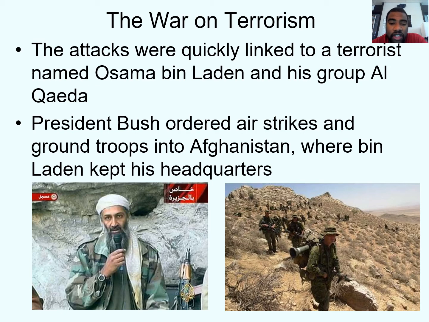This issued the war on terrorism. The attacks were quickly linked to a terrorist group named Osama bin Laden and his group, Al Qaeda. President Bush ordered airstrikes and ground troops to Afghanistan, where bin Laden kept his headquarters.